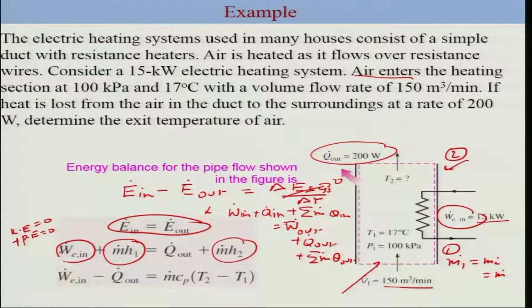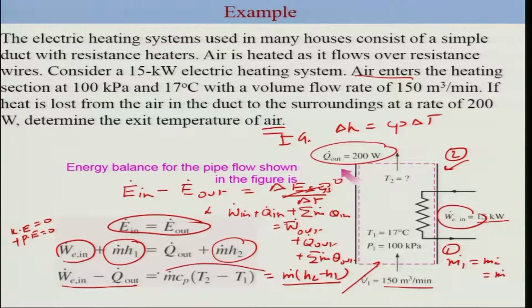This further can be written in this form. This apparently is nothing but m dot times h2 minus h1, considering air as an ideal gas, and we know that delta h is nothing but Cp delta T. So we can write this expression in terms of Cp.